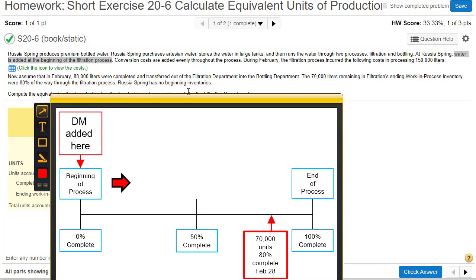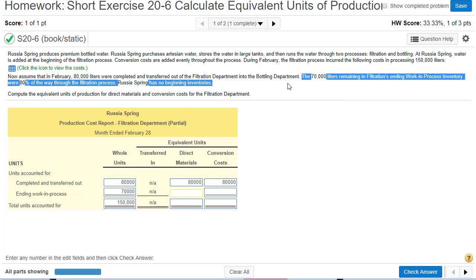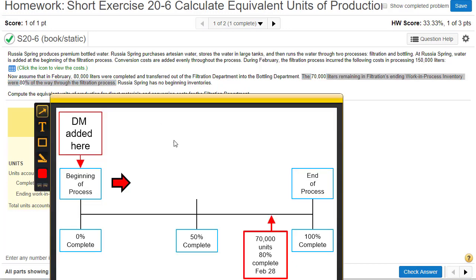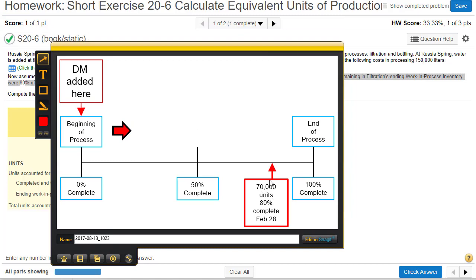Okay, so we get down to this piece of information. The 70,000 liters remaining are 80% of the way through. So here at the end of the process, we had 70,000 units and they are 80% complete as of February 28th. So we had to figure out what percentage of these units have had the direct materials added to them.